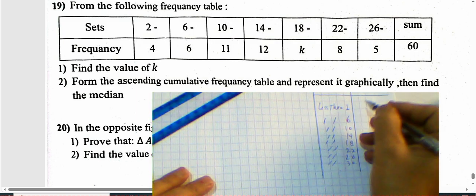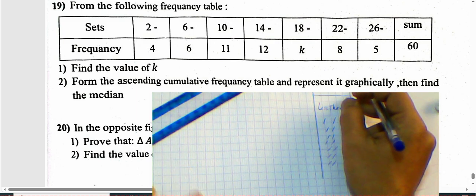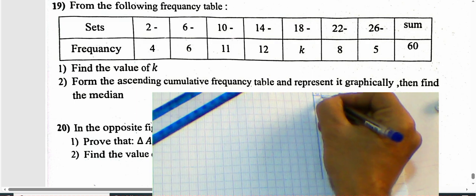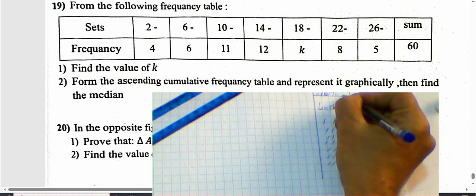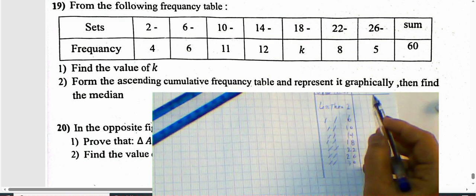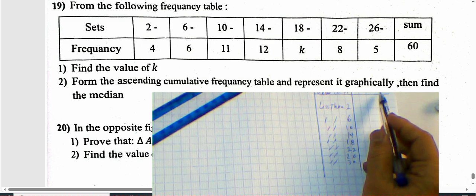Less than 2, we can write here the upper limits of intervals, and here we can write the ascending cumulative frequency.